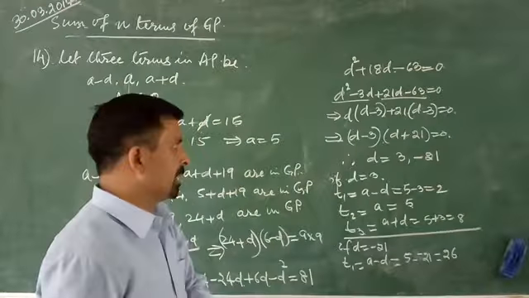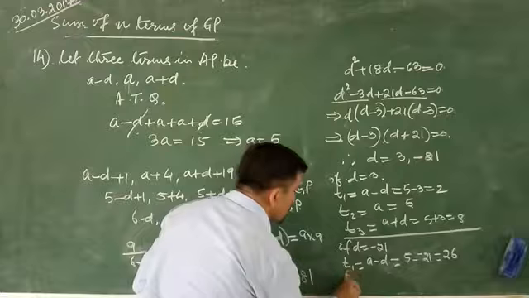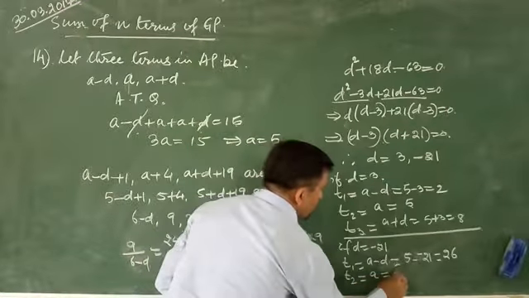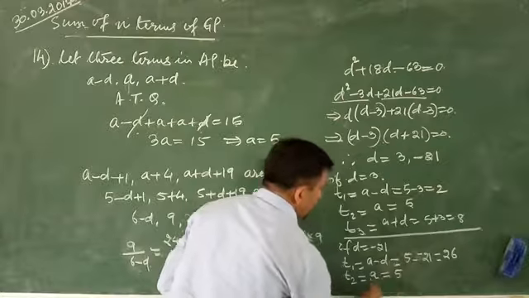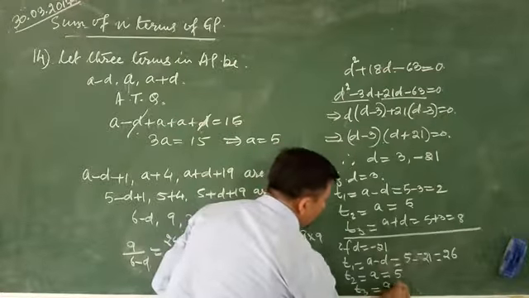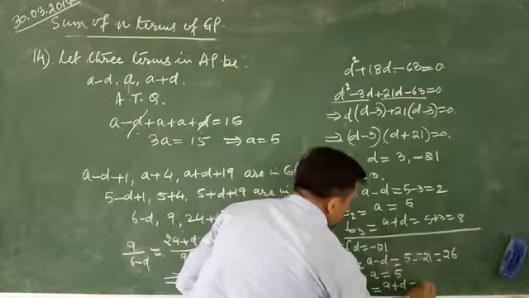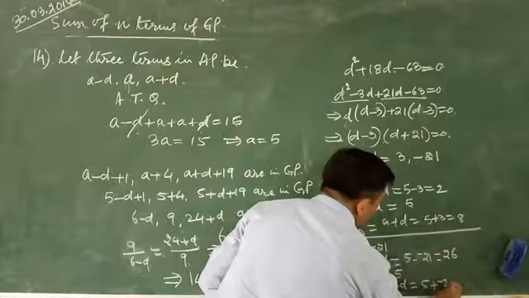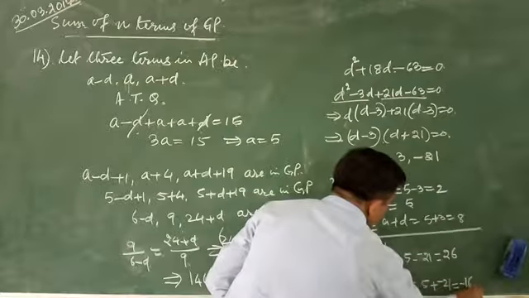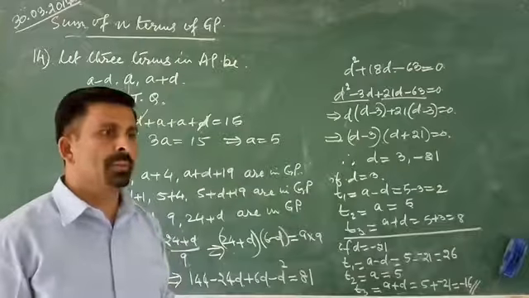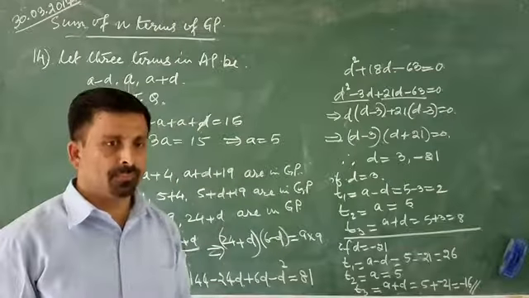Yes, sir. Am I very clear? Yes, sir. T2 is a, and this is equal to just 5. And then likewise the last, t3, is equal to a plus d, and your a is 5 plus minus 21. This is equal to minus 16. Is this understood? Yes, sir. Any doubt? No, sir. Thank you.